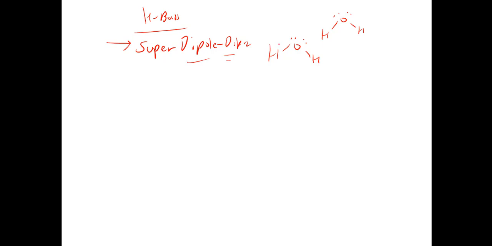So first off, each one of these does have an overall dipole that goes this direction. Notice this is why the shape is so important, because they don't cancel out. They go in these directions.